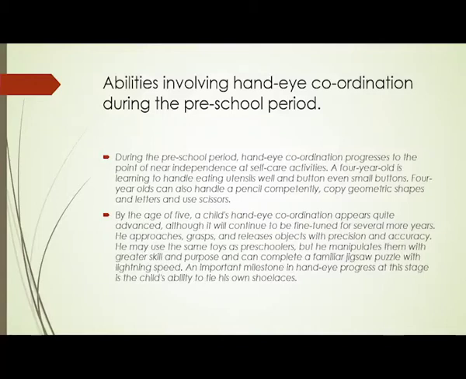He may use the same toys as preschoolers, but he manipulates them with greater skill and purpose, and can complete a familiar jigsaw puzzle with lightning speed. An important milestone in hand-eye progress at this stage is the child's ability to tie his own shoelaces.